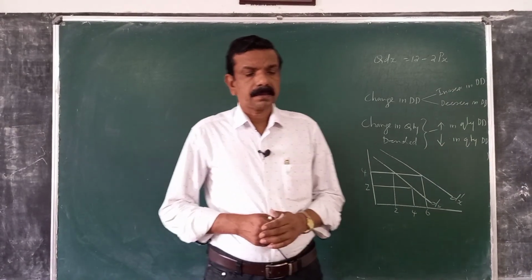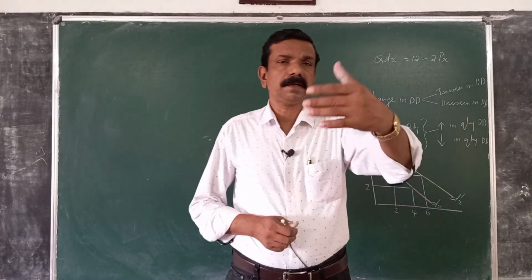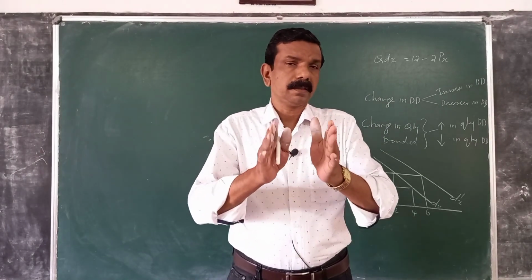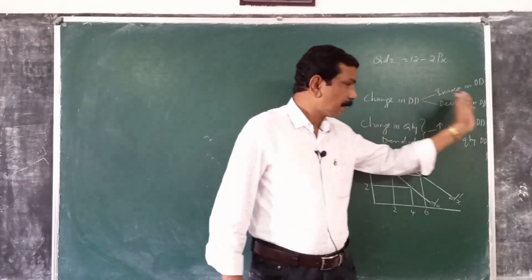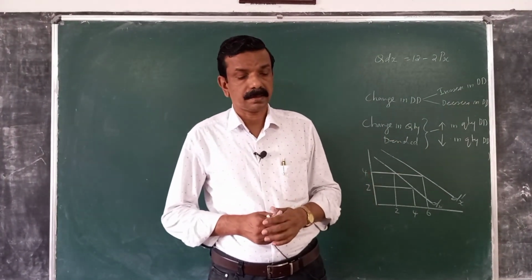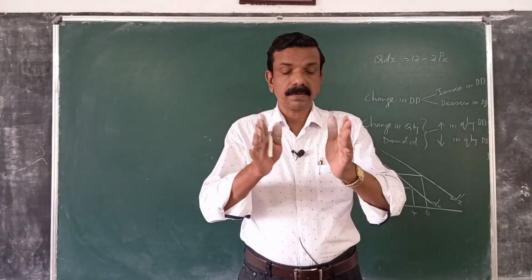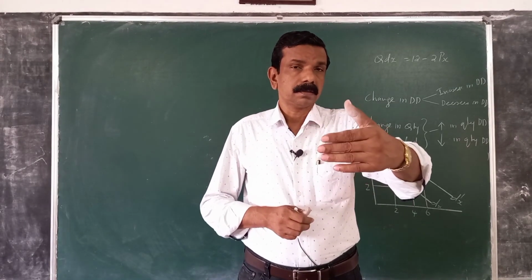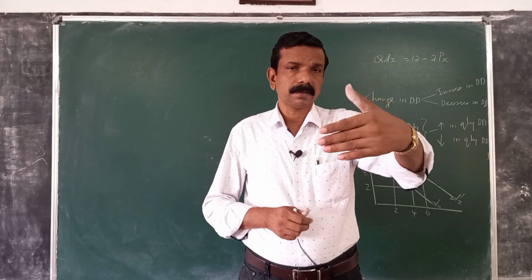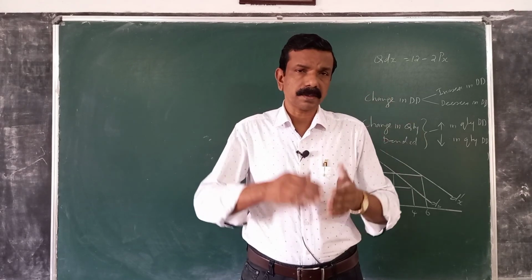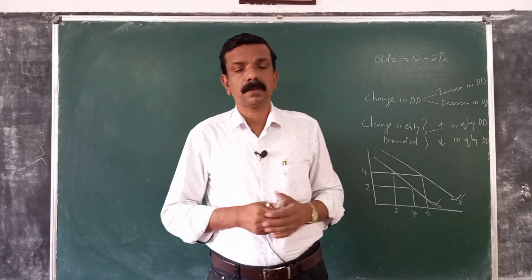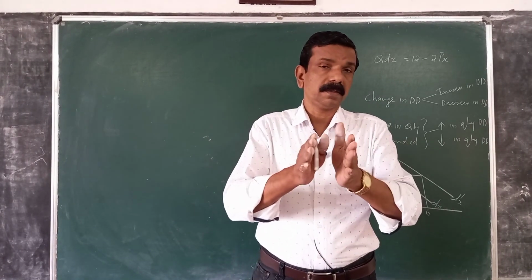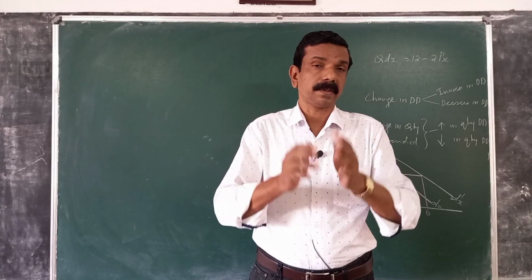So when we say that the demand for a commodity has increased, what we mean is the demand curve shifts towards the right. Because demand increases means for the same price you are purchasing more. So this difference must be kept in mind always.